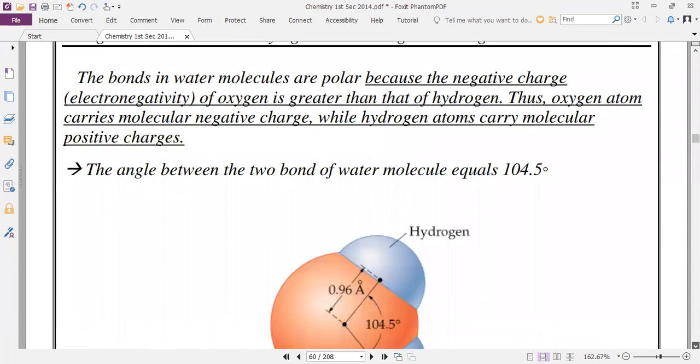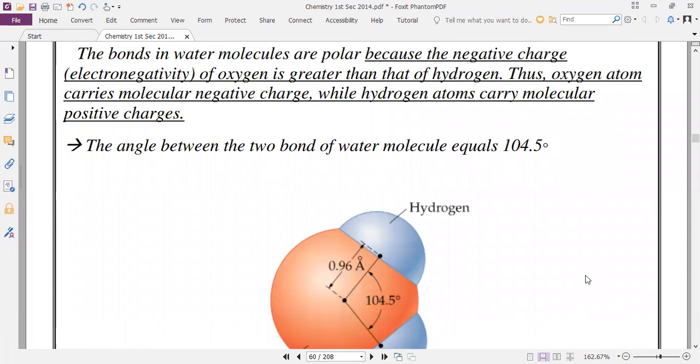This example: the bonds in a water molecule are polar. Why? Because the electronegativity of oxygen, as we said before, is greater than that of hydrogen.